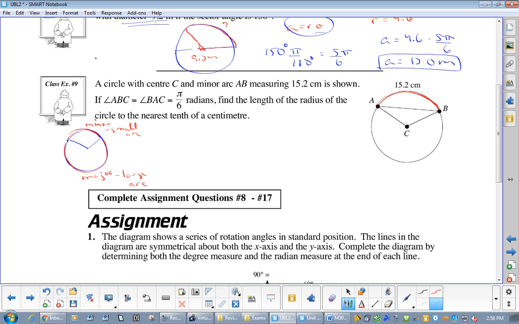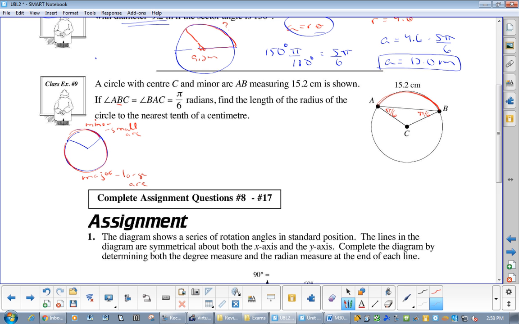It gave me 3 letters. B, good. So this is pi over 6 here. And it says that angle BAC is pi over 6. So it's giving me two concepts at one time. It's talking about this triangle and it's talking about this arc formula.